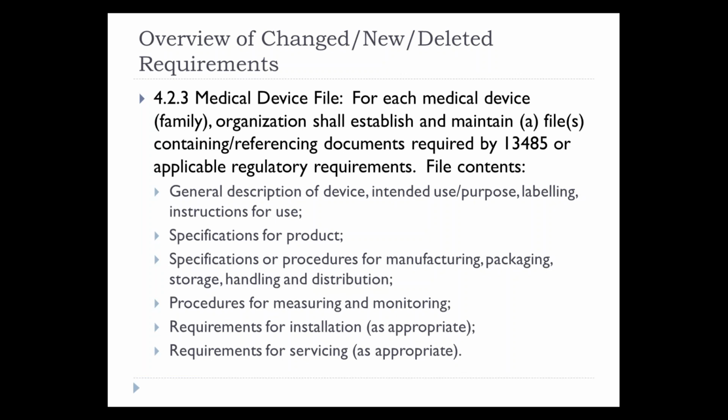And the file should contain a general description of the device, including its intended use or purpose, labeling and instructions for use, the specifications of the product, specifications or procedures for manufacturing, packaging, storage, handling, and distribution, procedures for measuring and monitoring, requirements for installation and servicing as appropriate.